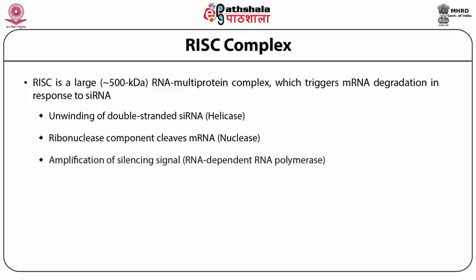Amplification of the silencing signal by RNA-dependent RNA polymerase will increase the RNAi, and this would cleave the target mRNA, and this double-stranded mRNA is degraded by other cellular exonucleases.